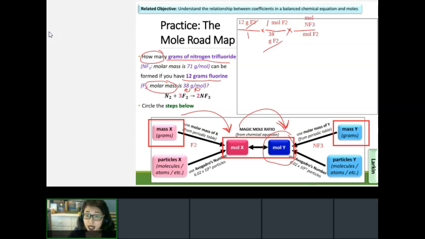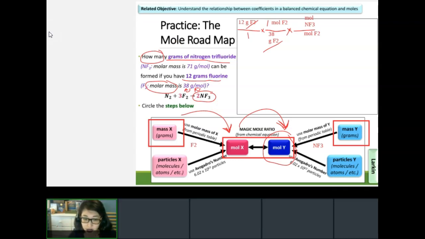Now again, these numbers, if we want to go moles to moles, have to come from our chemical equation. So let's go ahead and try that one out. How many moles of nitrogen trifluoride do you see in our chemical equation right here? Again, read the coefficient. Coefficient tells us moles. Thank you. I see Rowan. See Lisa.